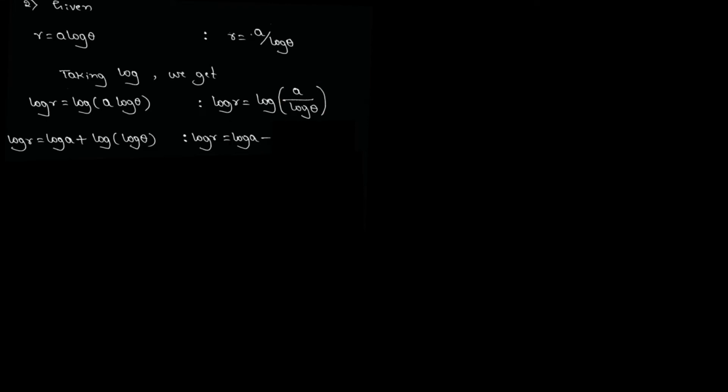So log a minus log of log theta we get, because in the place of b we have log theta. So log b is nothing but log of log theta.